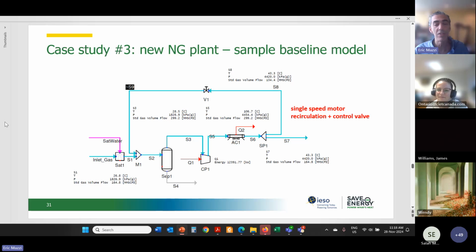Even if it's not the same system, at least build confidence in the ability to model that type of specific control mode. Unfortunately, we've not been able to make that happen because there is no operation identified where they operate an electric-driven motor with single speed and recirculation. They always use VFD, for those that can be identified so far.